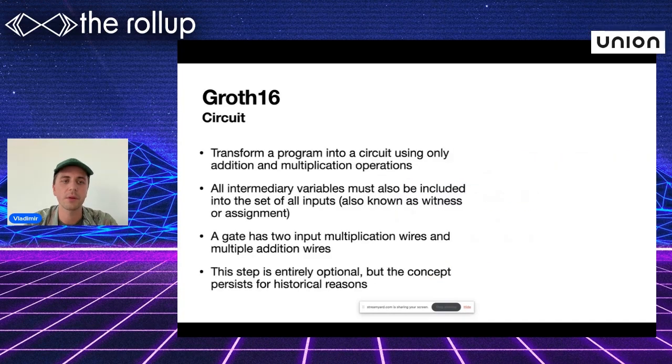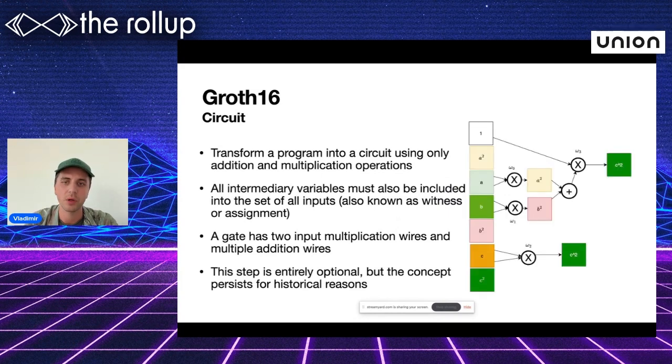So first things first, we create a so-called circuit. This is a structure where you have all the inputs, public inputs and secret inputs, and all the intermediary variables put together in a so-called witness or assignment.